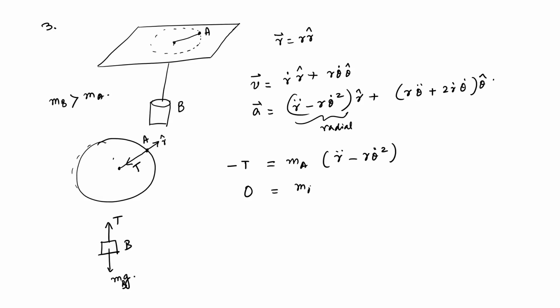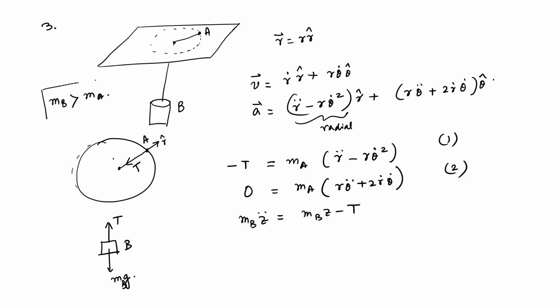So, this is m A times (r theta double dot plus 2 r dot theta dot) equal to 0. This is equation 1 and this is equation 2, and m B z double dot is equal to m B g minus T, where g is the acceleration due to gravity.